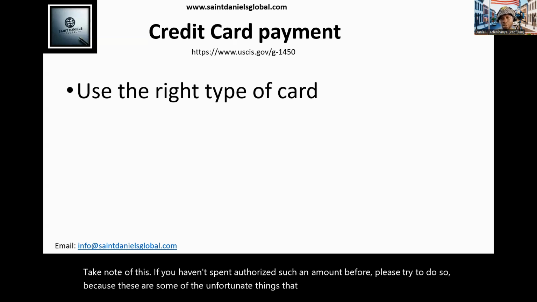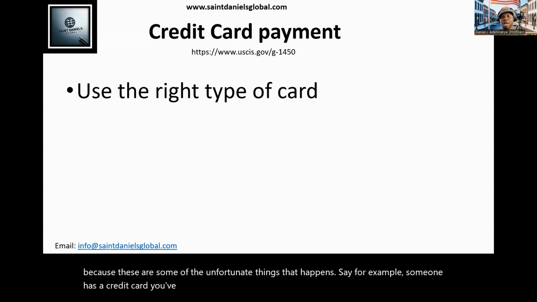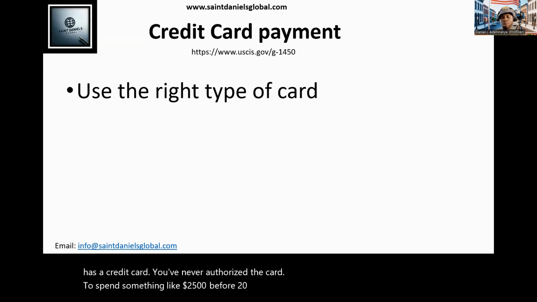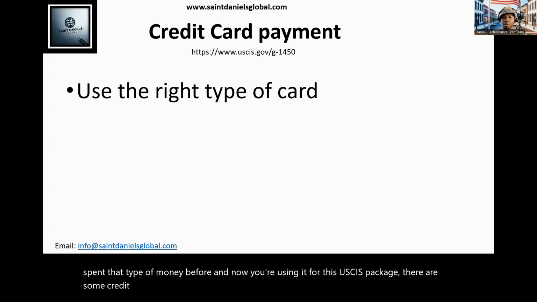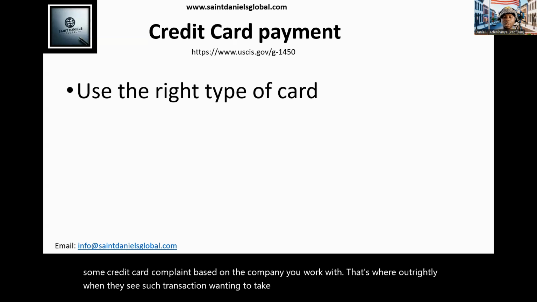Say, for example, someone has a credit card and you've never authorized the card to spend something like $2,500, or 3,000 or 4,000, whatever. You haven't spent that type of money before, and now you're using it for this USCIS package. Some credit card companies will outrightly reject such a transaction when they see it taking place. And when they reject it, it will not go through successfully with the USCIS, and that will lead to rejection.